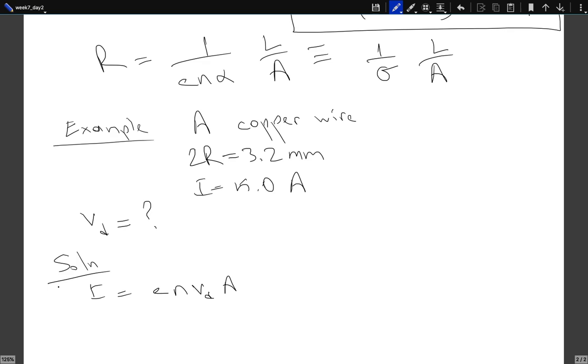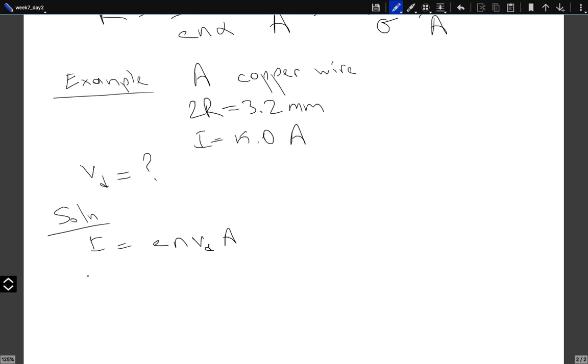We know already the expression of the current. The current will be the charge density multiplied by the drift velocity multiplied by the area. Well, what is the area? Well, pi r squared, so it's just pi times 3.2 millimeters over 2, squared.